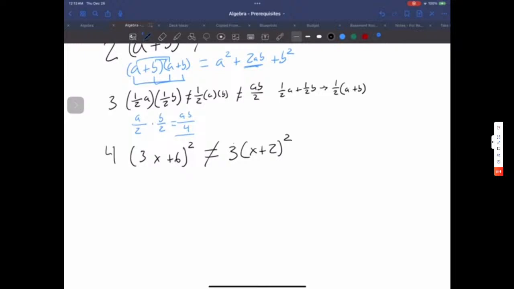The reason is, while you can factor the 3 out of the polynomial inside, because this parenthetical expression is squared, you cannot factor it out of the square.